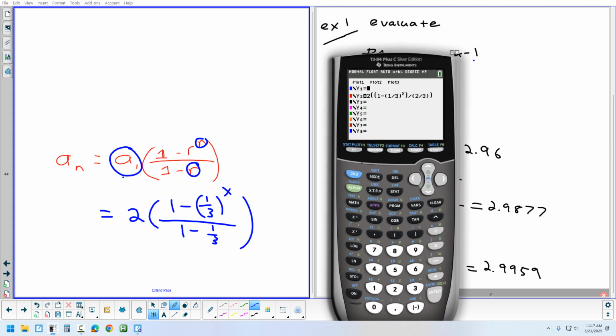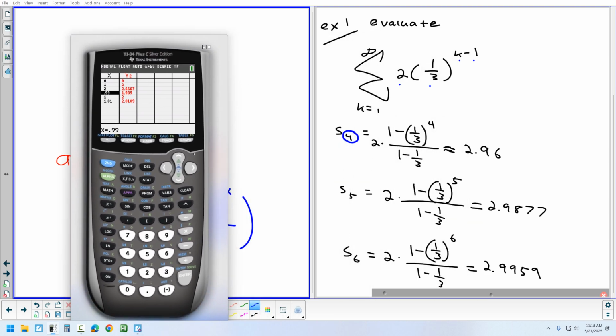Let me check it. 1 minus 1/3 to the x divided by 2/3 times 2. Oh no, I did type it in right.